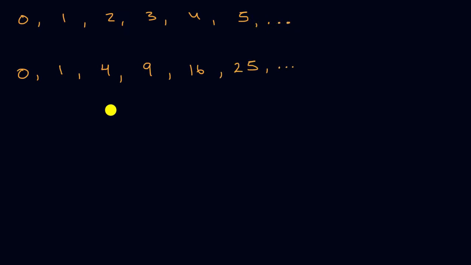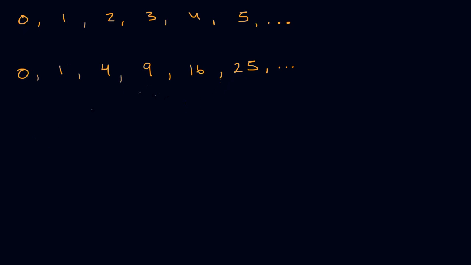But the first thing I want you to think about before you even write down a polynomial or try to construct one is look at this sequence of integer squares.